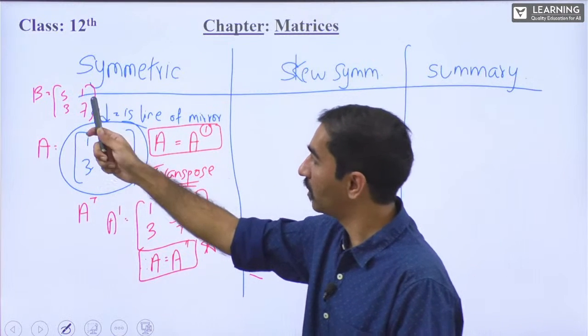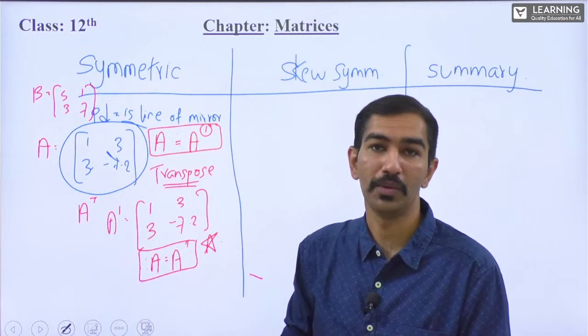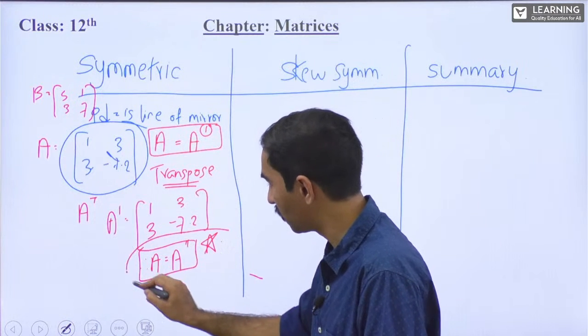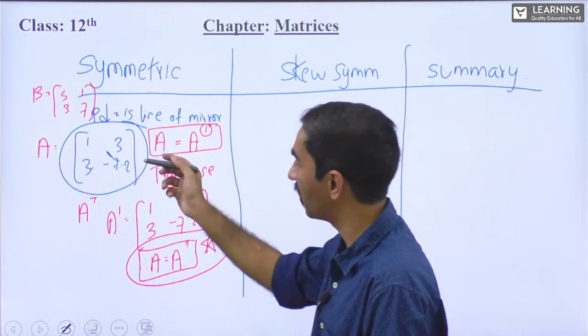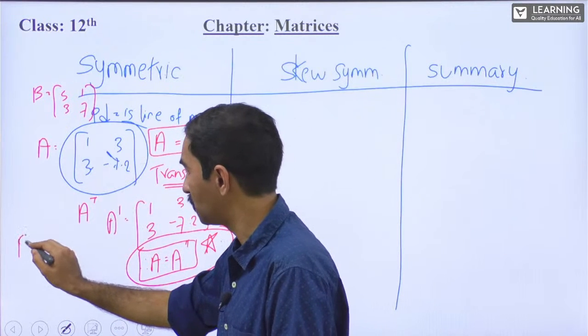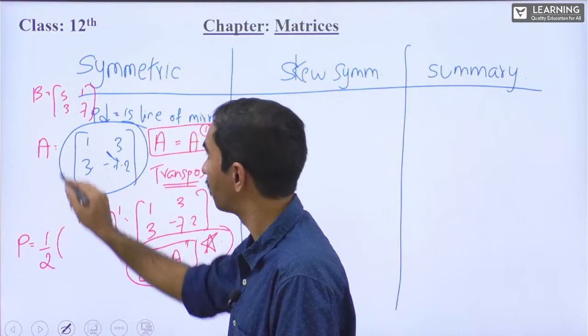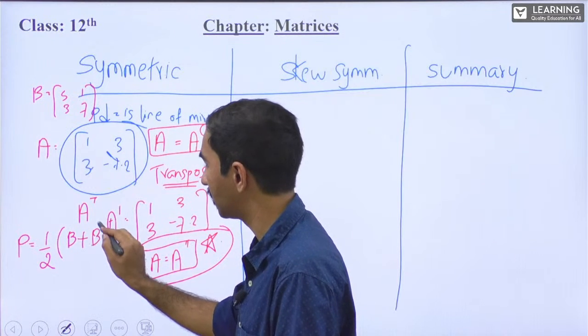Now, if you want to convert this matrix into a symmetric matrix, okay, how do we do that? So what we have to do here is again use another formula. So see, this is the very first point to be remembered, right? The second point to be remembered under symmetric matrix is you have to consider, let P is equal to symmetric matrix, which is equal to 1 by 2 of B as it is, matrix B plus B dash.